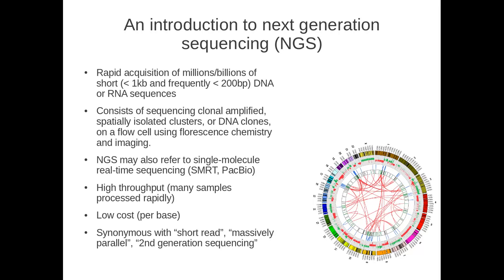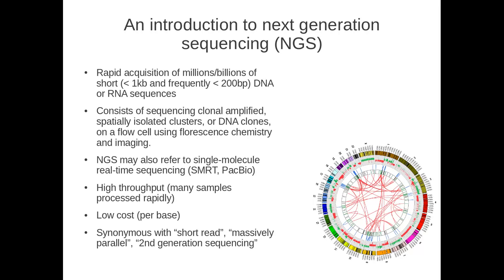What this did was a lot of things, but the main impact was that it allowed us to collect massive amounts of DNA sequence information with very limited effort. Frequently what we have is very short reads that we are sequencing. These are DNA molecules that are anywhere from nowadays 50 up to maybe a kilobase, or 1,000 base pairs, in length.